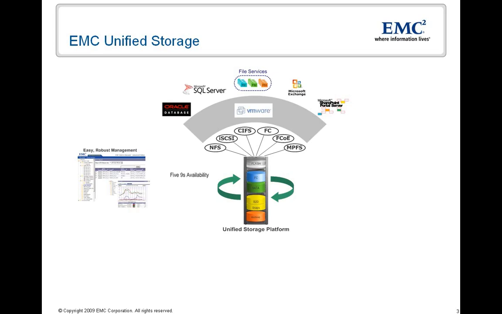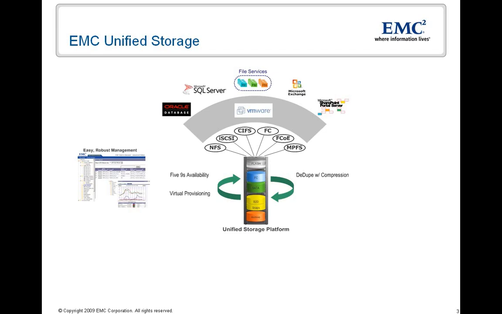Our unified storage is built on the CX4 platform, so many of you know the Clariion platform. This unified storage is built on that CX4 platform, so the availability is definitely there. We've introduced some new features: compression, dedupe. Virtual provisioning has been around for quite some time.